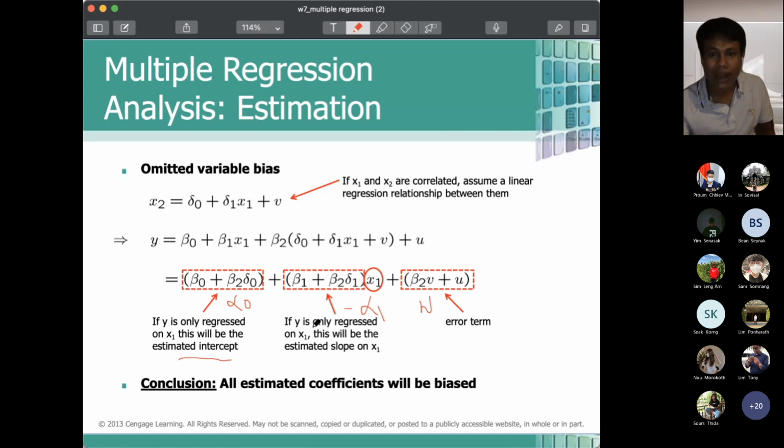So in conclusion, all estimated coefficients will be biased. This is the effect of omitted relevant variable bias, the effect of endogeneity, and the effect of violating the zero conditional mean assumption.